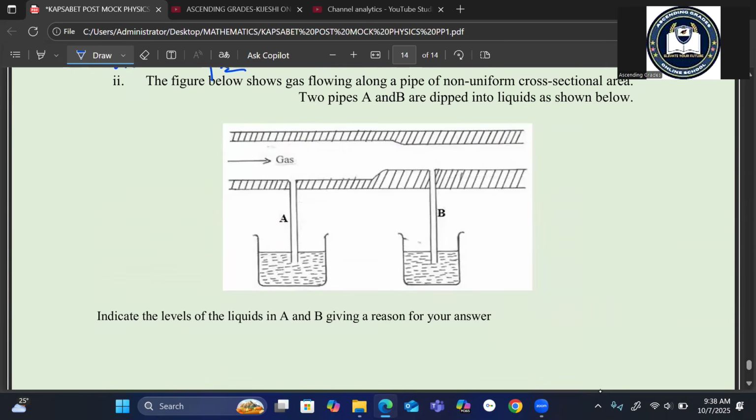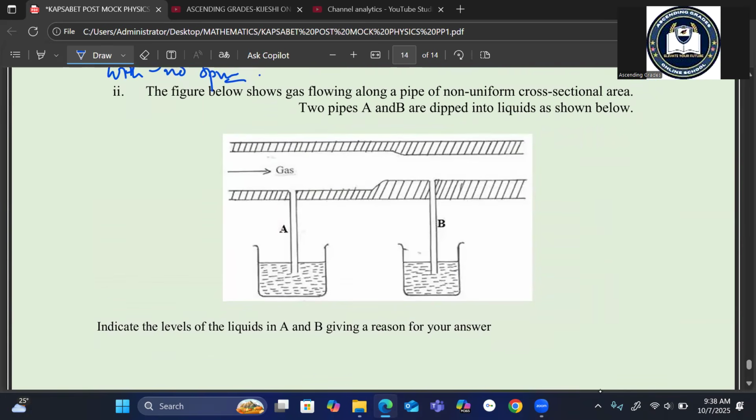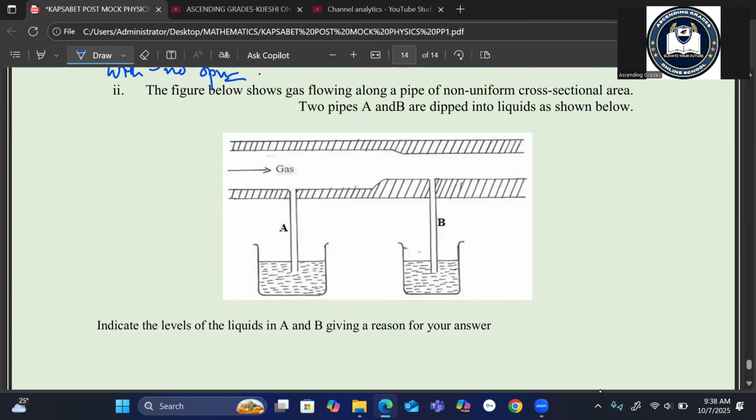The last part: you're told the figure below shows gas flowing along a pipe of non-uniform cross-sectional area, two pipes A and B, dipped in liquid as shown. You can see the cross-sectional area of these parts is larger than the cross-sectional area of these parts.